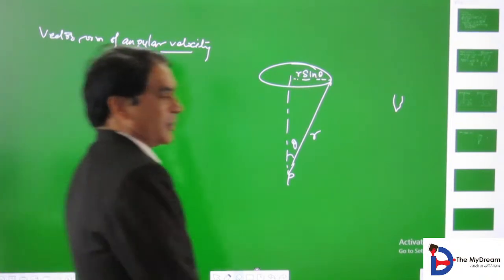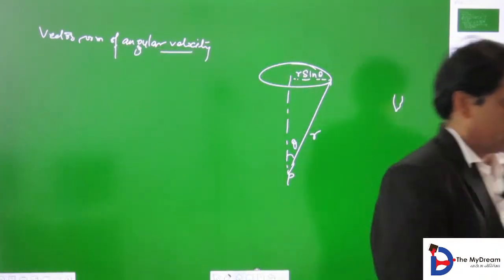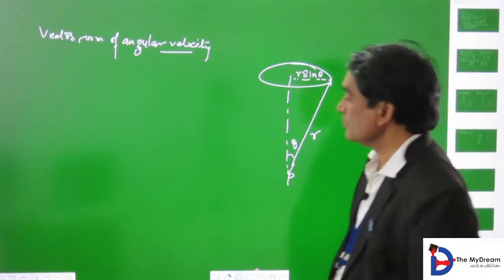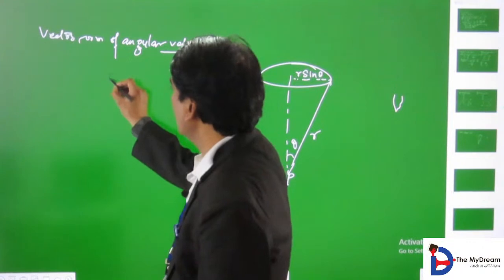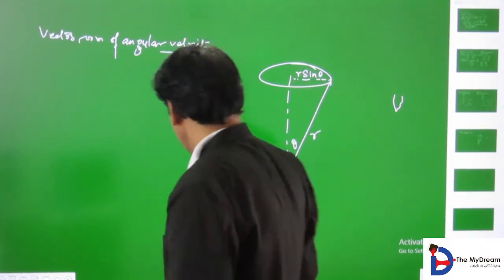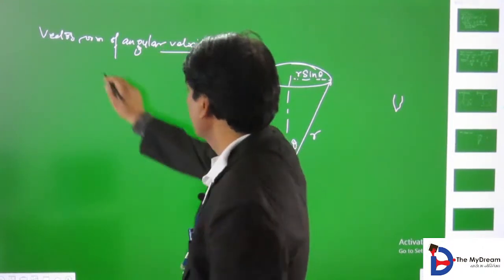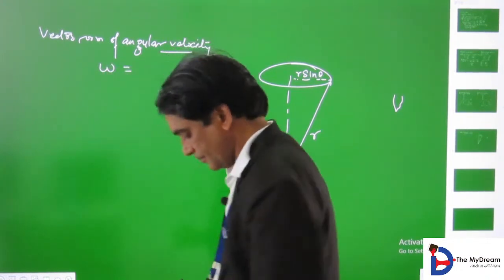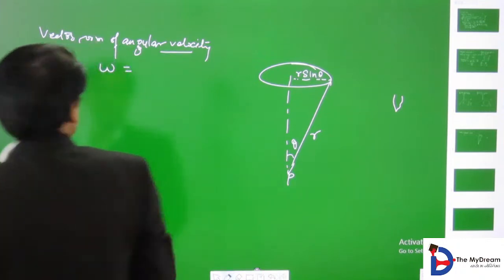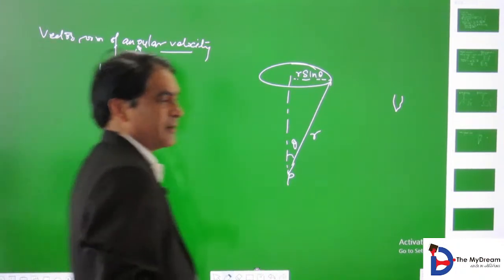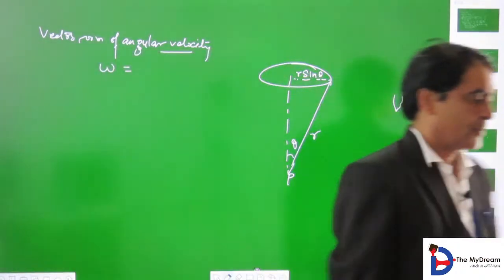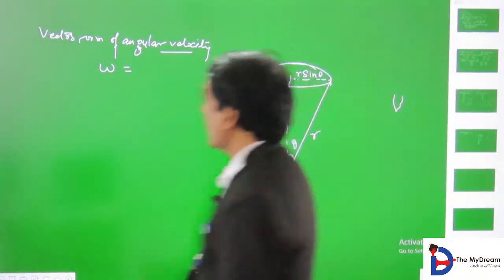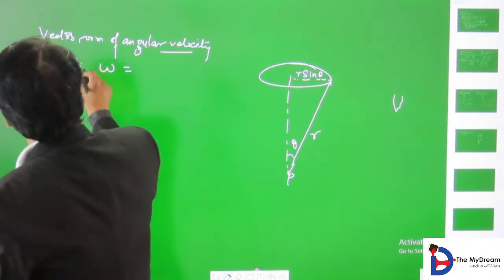omega is equals to v by r, so it can be written down omega is equals to r sin theta into omega.